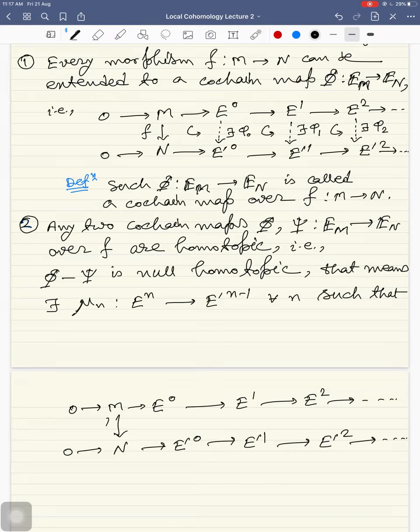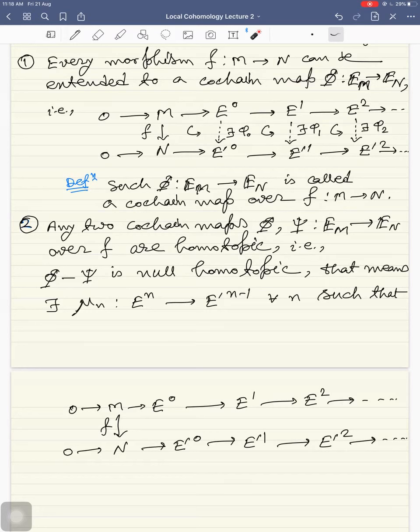So here you have F, and you are considering two quotient maps. One is phi, another one is psi. This second statement is saying that any two quotient maps are homotopic. That means their difference, phi minus psi, is null homotopic.